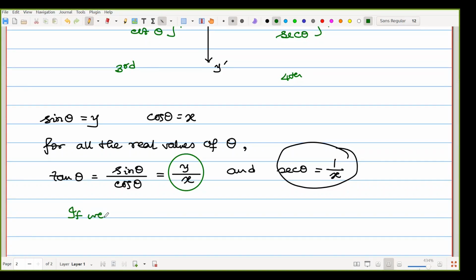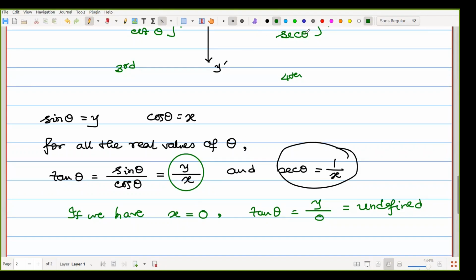If we have x is equal to 0, then the value of tan theta, that is y by 0, is practically undefined. We cannot define it. So what is happening when we have x is equal to 0?